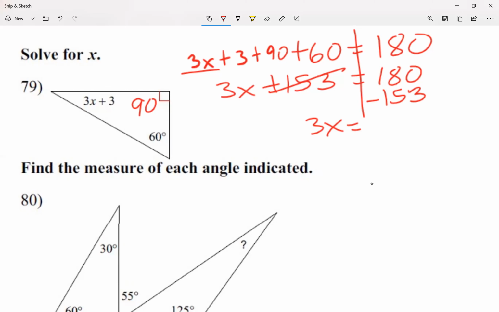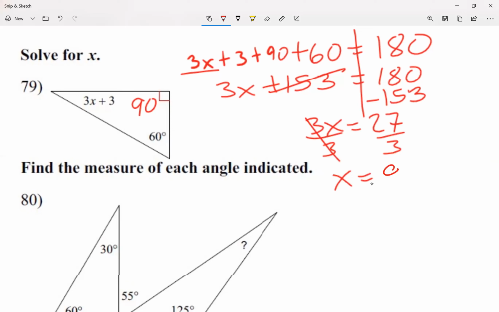That's 27. So 3 times x equals 27. All right, to get x by itself, let me divide both sides by 3. So I get that x is equal to 9. Homework-wise, you just have to type in the 9. You don't have to write x equals, just 9.